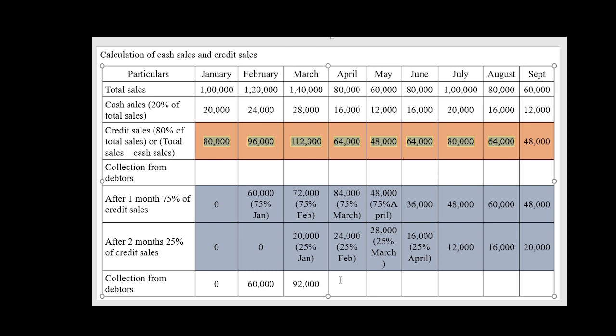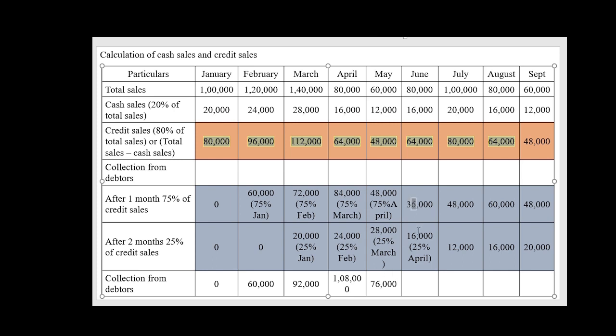Collection for the month of April will be 84,000 plus 24,000, that will be 1,08,000. And then for the month of May, 48,000 plus 28,000, that will be 76,000.